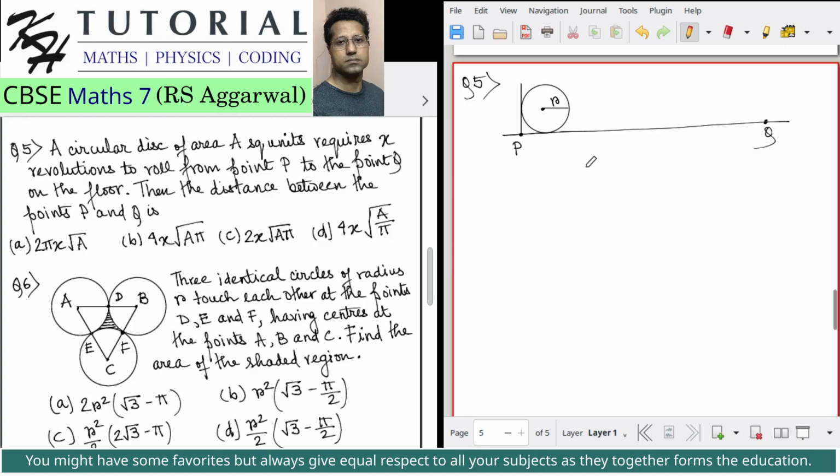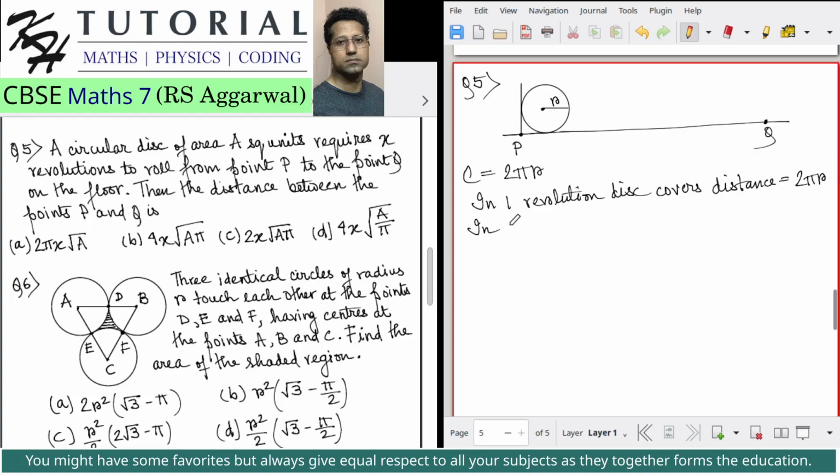Now, the circumference of the disc is 2 pi r. We know that in one revolution, the distance covered by the disk is equal to the circumference of the disk, which is 2 pi r.